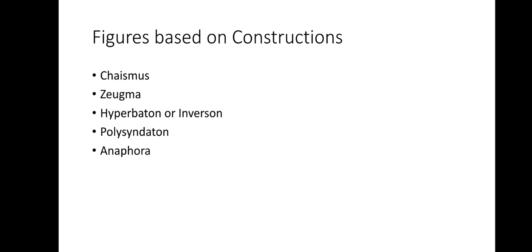Then we have zeugma. Zeugma is a single verb used to govern two different things. This is very interesting. If I say, "My friend has lost his hat and temper," these are two different things. Temper is anxiety and the hat is some object.